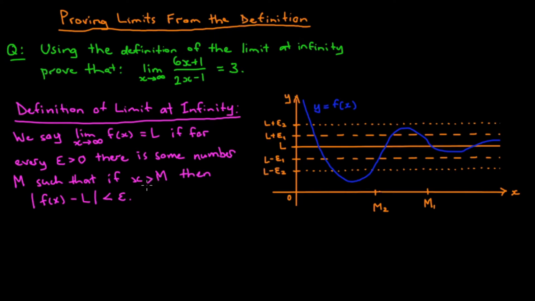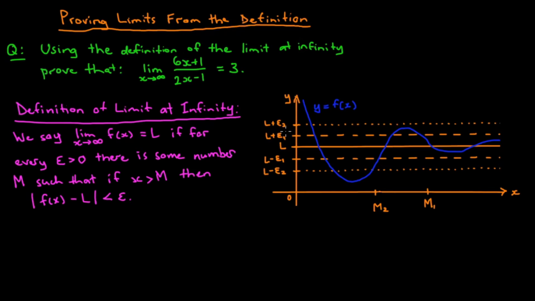Now the idea is that for any particular epsilon that we've chosen, we find some number m so that for all x values bigger than m, we get that condition holding. So say if we've chosen epsilon 1, then I've chosen m1 that works, because from this point onwards the blue curve is always between the two dashed lines.